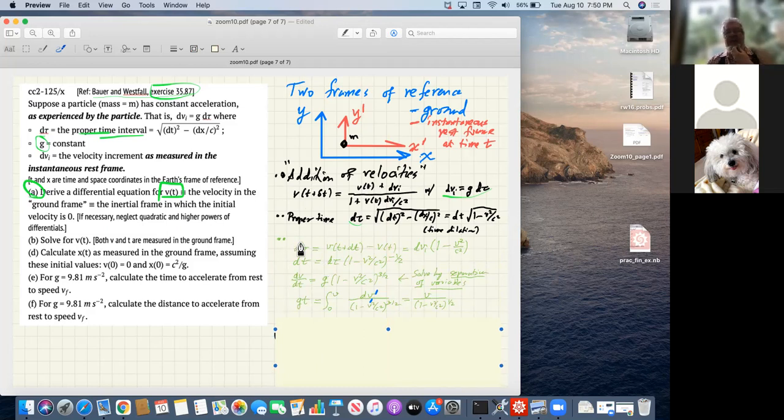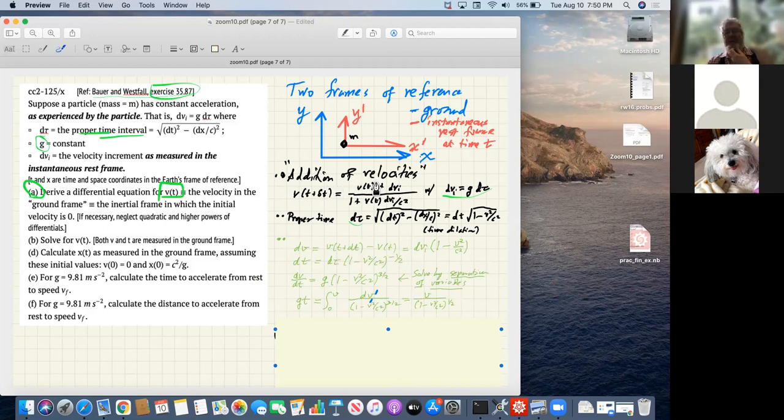So dv is v of t plus dt minus v of t. That's the change of velocity. The velocity after the time d tau minus the velocity before the time d tau.